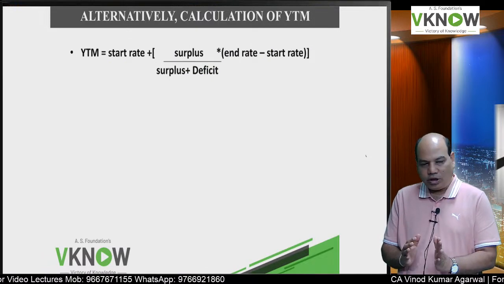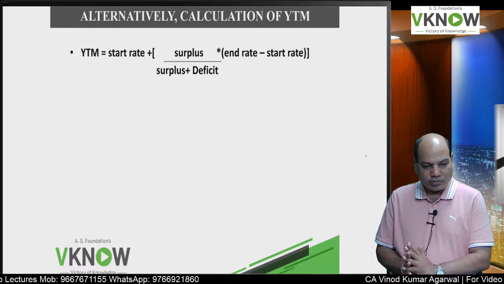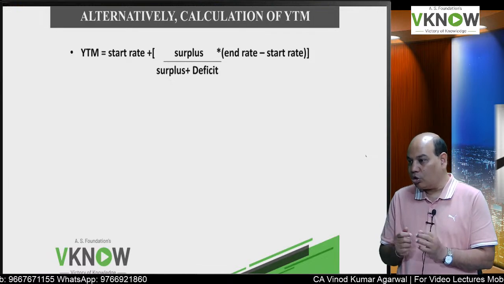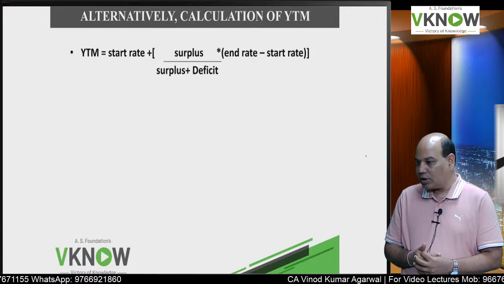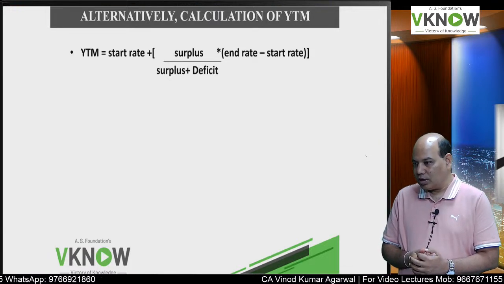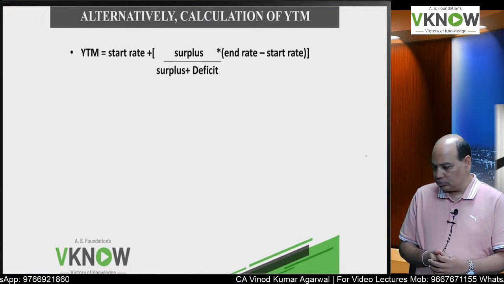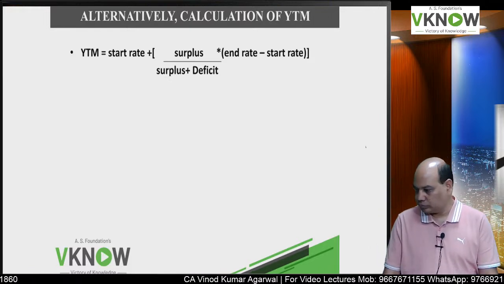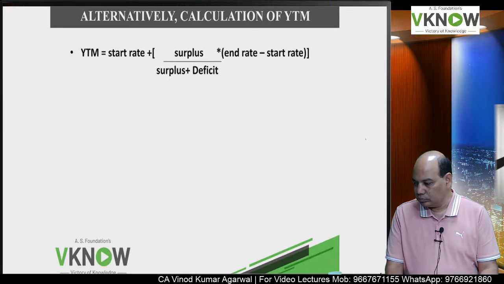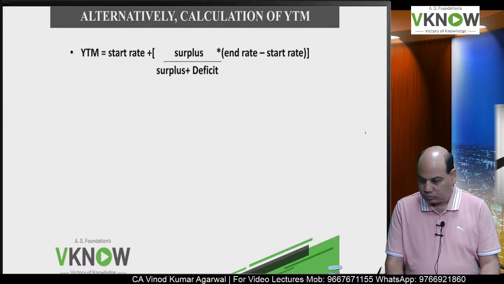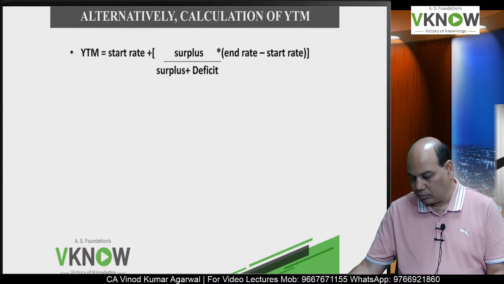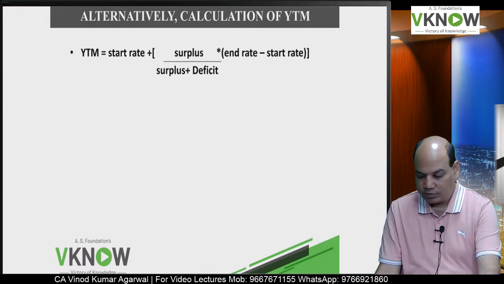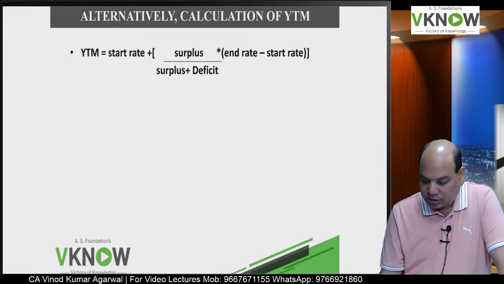If you know any other formula you can write that, the answer will be the same. YTM is equal to the start rate, meaning 9%, the lower of the two rates, plus surplus, meaning NPV at the lower rate, upon surplus plus deficit, into the bracket of end rate minus start rate.